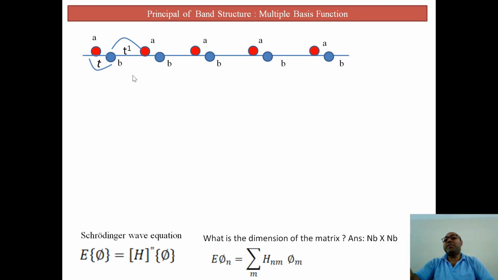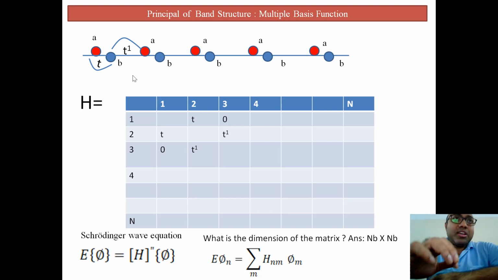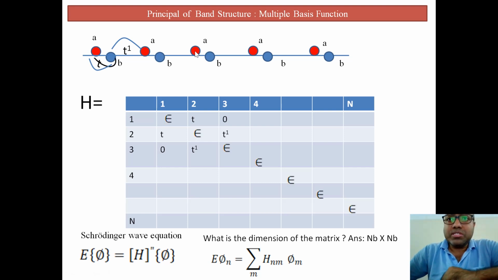Okay. Now, if someone asks me to write the matrix, it is easy to write. You start anywhere. Let us see how it looks. What is the diagonal part? The diagonal part is always the same.